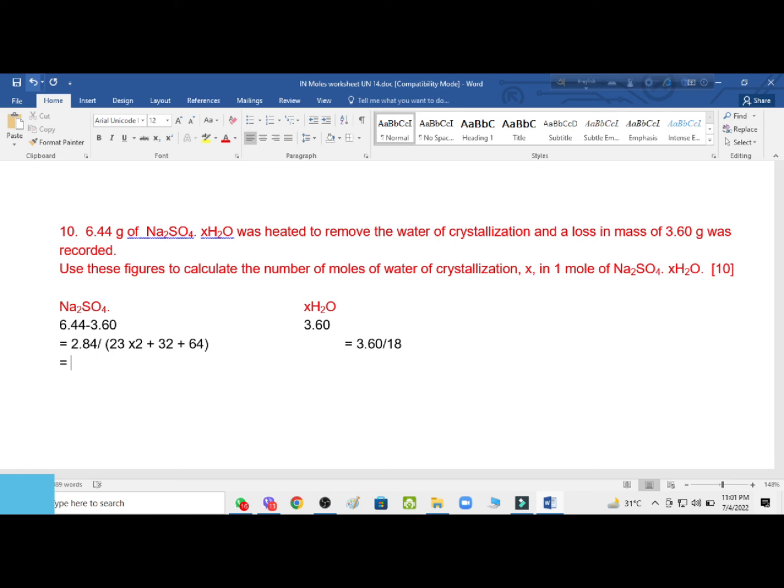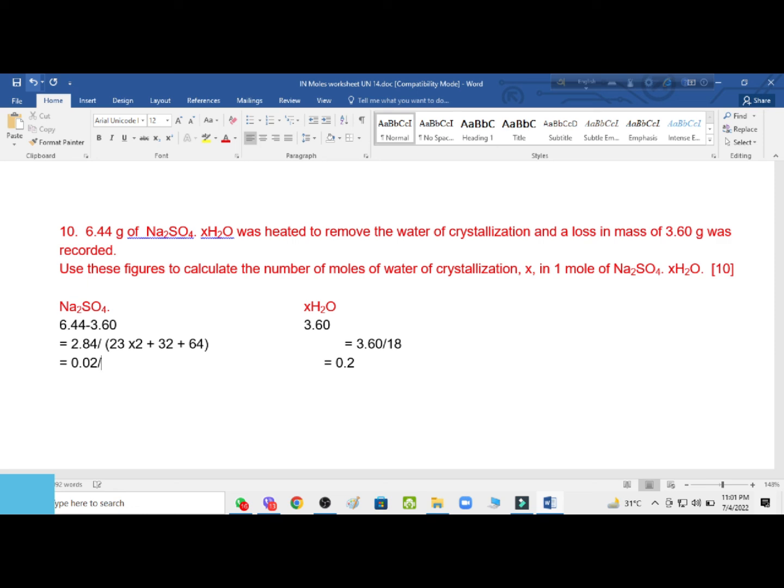2.84 divide 142. That was the 0.02 mole. And what do I get here? 3.60 divided with 18. I get 0.2. So which one is smaller? Certainly the first one.